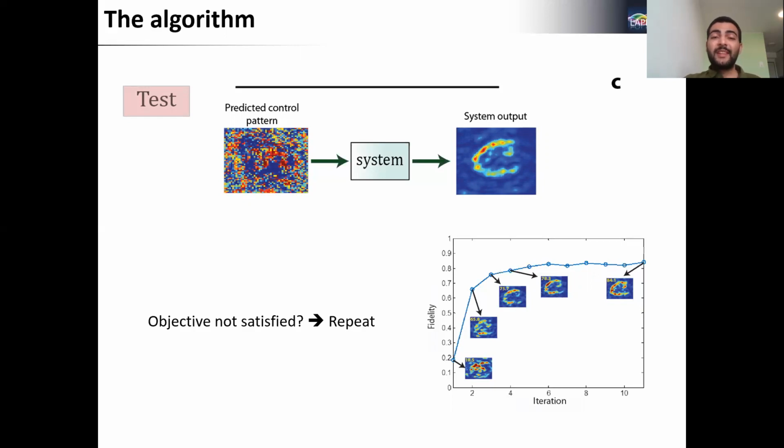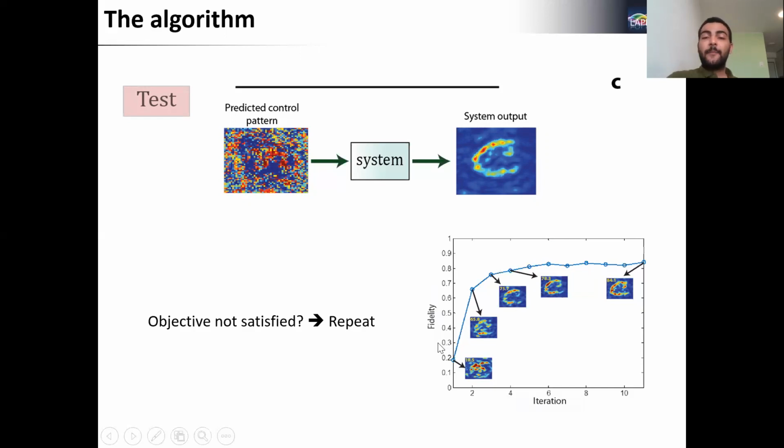You can redo this input-output, or G and D, training several times if the quality of images at the output of the fiber is not satisfactory. So you can repeat the back and forth training of G and D several times, and you can see the fidelity here. For performance, we measure the correlation between the image that you really see at the output and the one that you want to see.